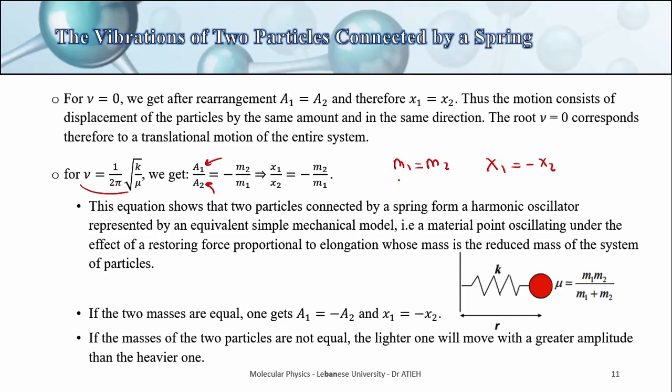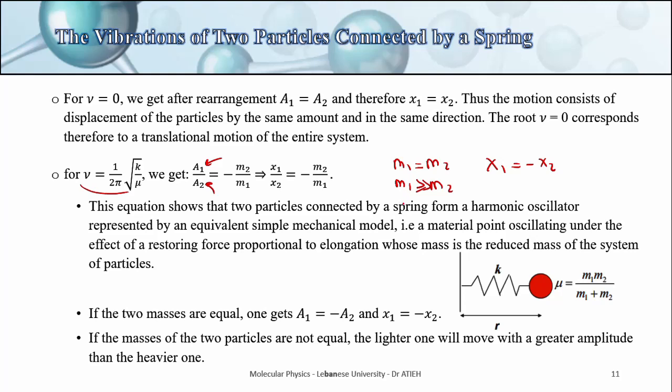But if the masses are not equal, let's say one of them is larger than the other, then the one with the lighter weight will move with a greater amplitude than the heavier one. So let's take an example. Let's assume M1 is greater than M2, so it's much greater than M2.